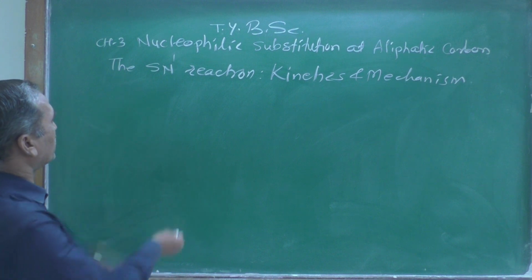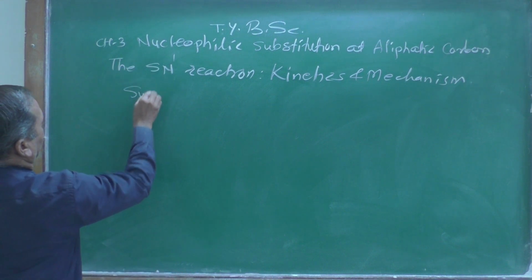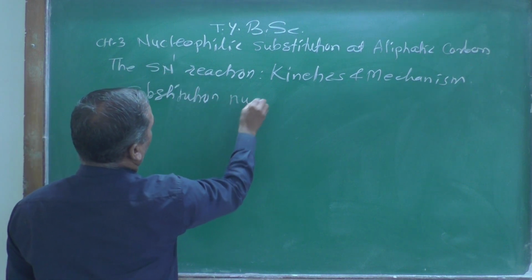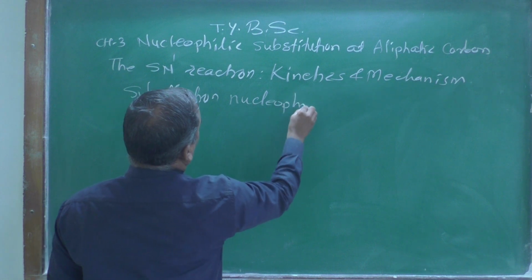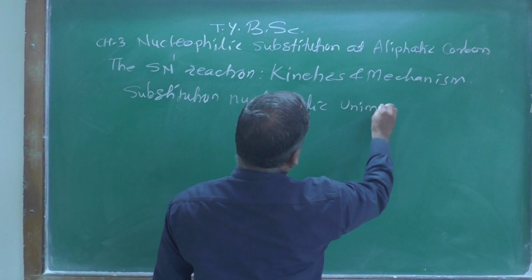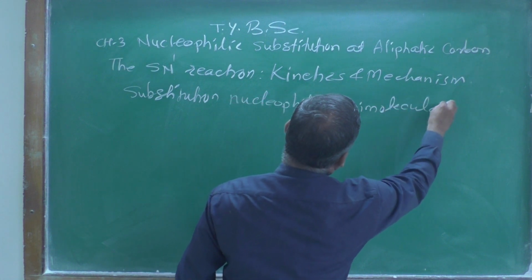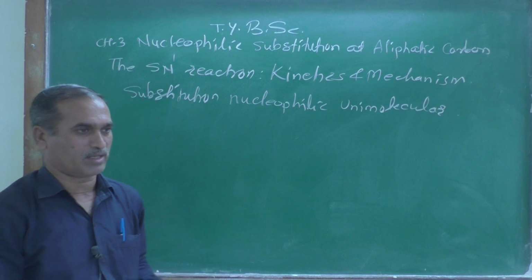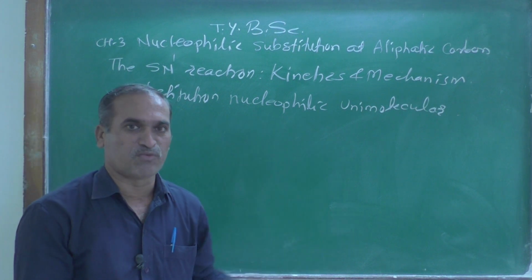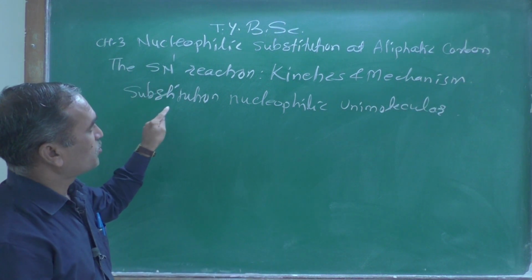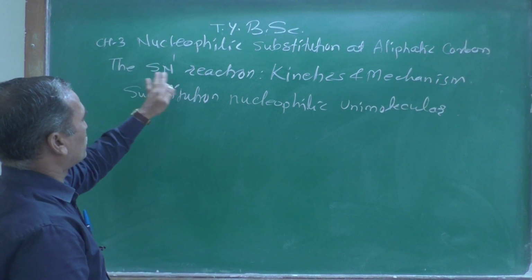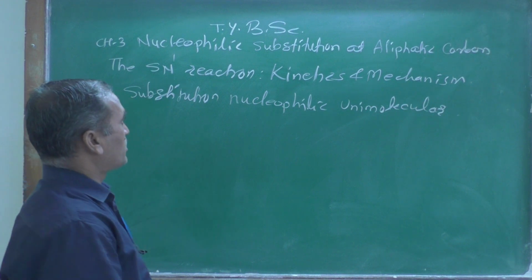But here remember, S stands for substitution, N stands for nucleophilic, and 1 stands for unimolecular. So this is the 1 mark question, right? What is SN1 reaction? You just have to give the full form: SN1, substitution nucleophilic unimolecular reaction. That is the answer to that question.